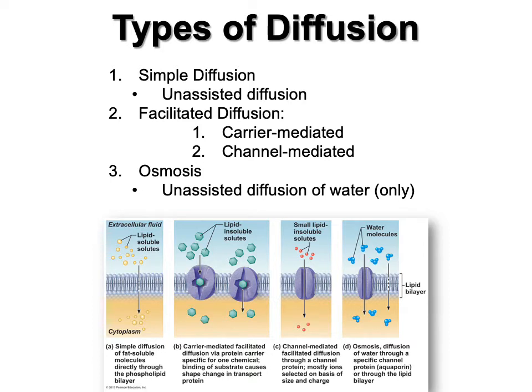There are two types of transmembrane proteins that assist with facilitated diffusion, and they are carrier-mediated proteins and channel-mediated proteins. Osmosis is unassisted passive movement of water across a semi-permeable membrane. We'll cover more about osmosis a little later on in this presentation.